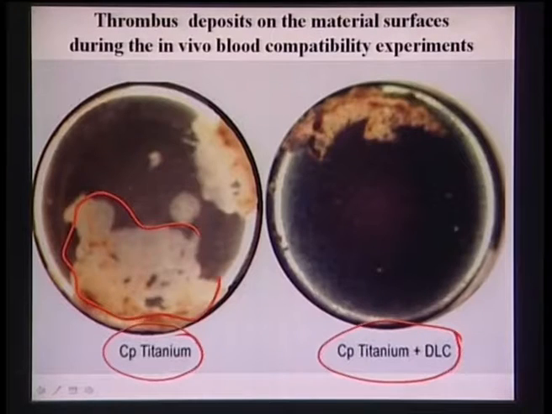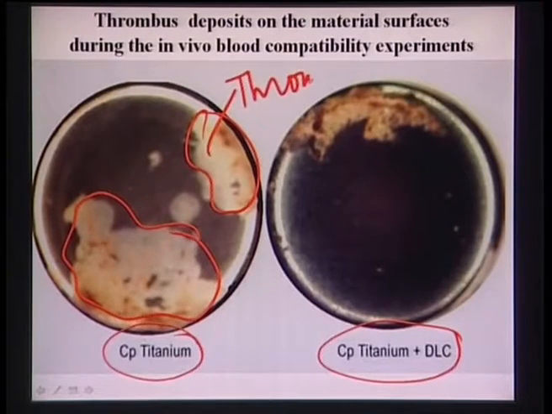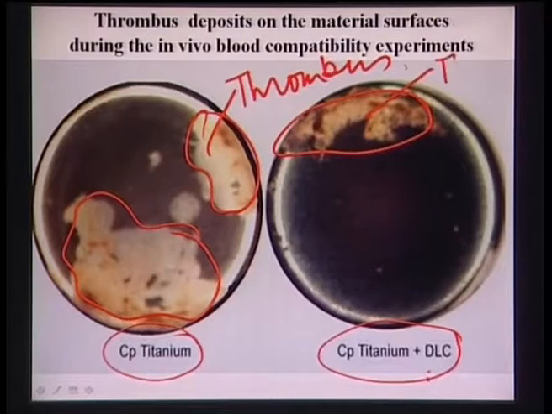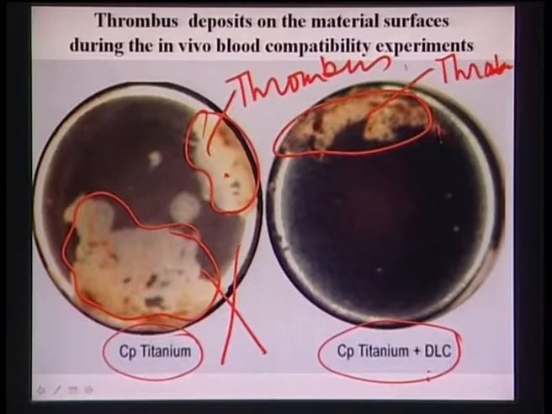The same thing has been shown here. If you have the commercially pure titanium, you see that there is thrombus here, right? And if you have the DLC coating, thrombus formation is also taking place, but if you see the extent or quantification of this thrombus formation, it is largely non-desirable. Whether this can be tolerated or managed depends on a control sample.